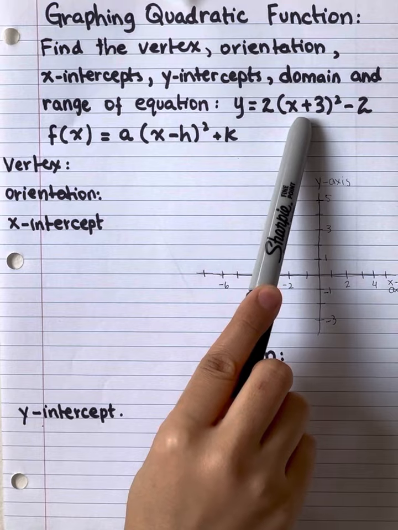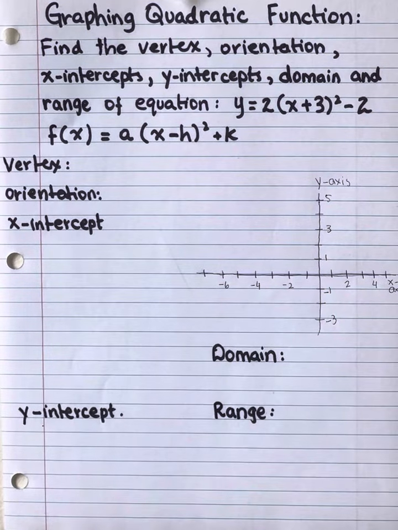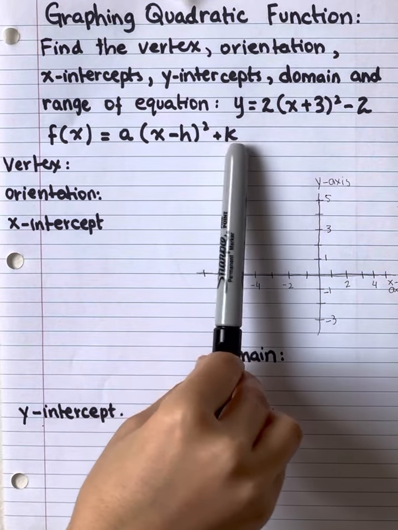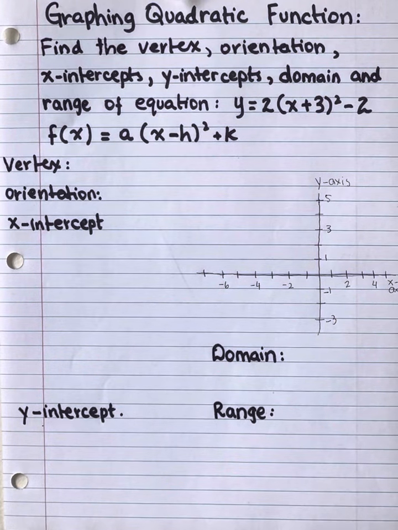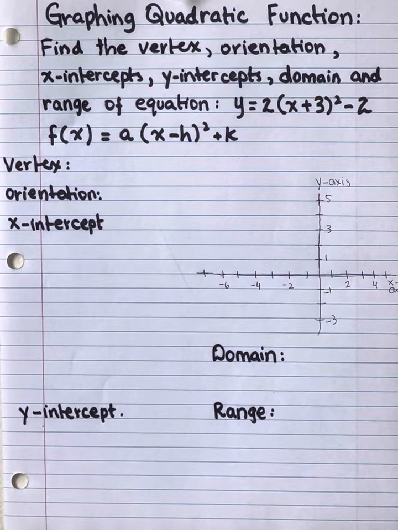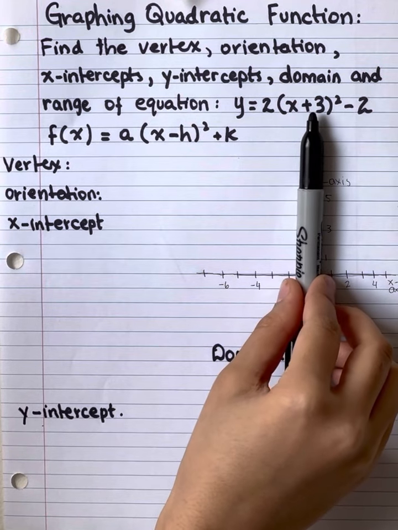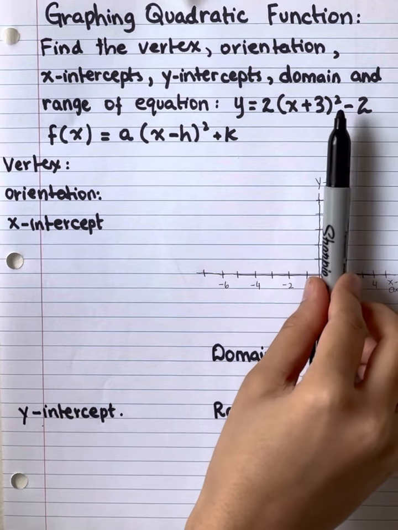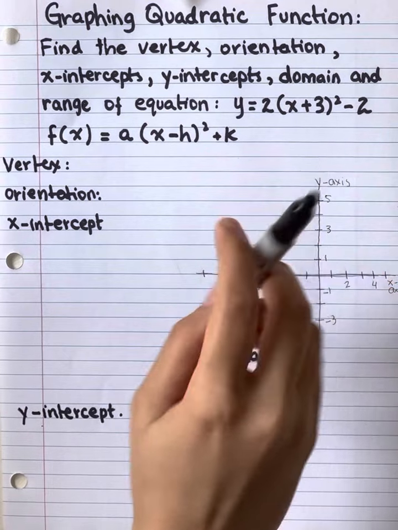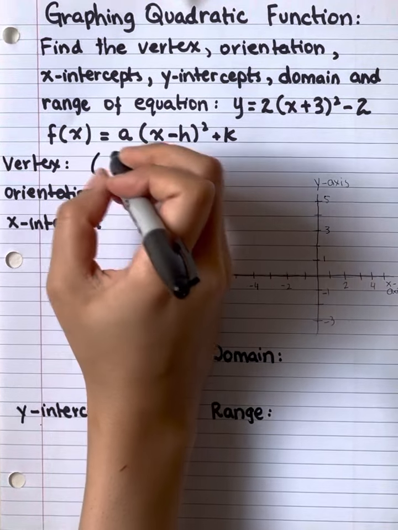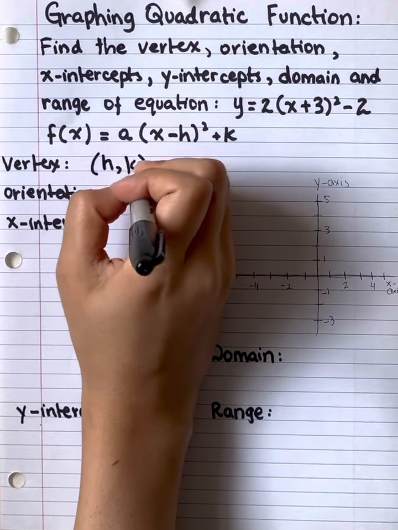So using the equation itself, we can derive our vertex, which is (h, k). So from the equation, we can see our vertex is (-3, -2).